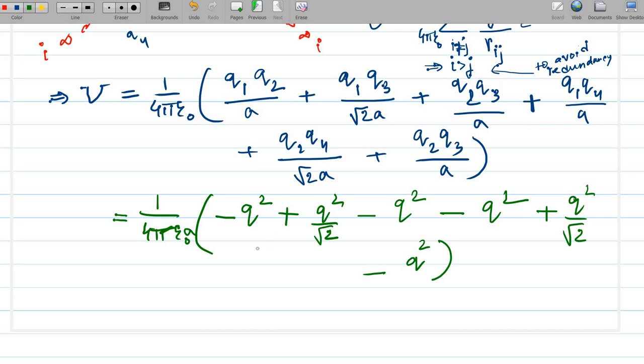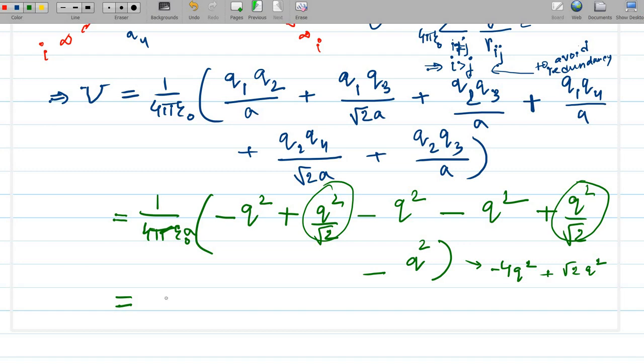So how many negatives? 1, 2, 3, 4. I have 4 of these negative terms, so that would be 4Q squared, and 2 of these positive terms, plus root 2 Q squared. So minus 4 plus root 2. So that's it, right?